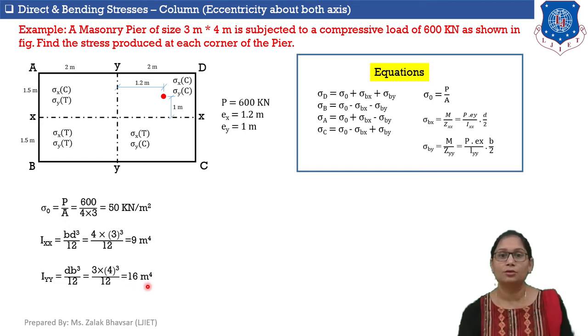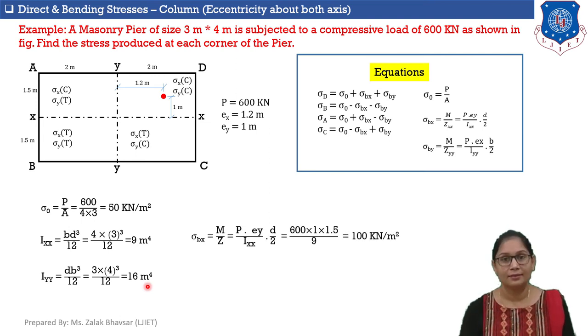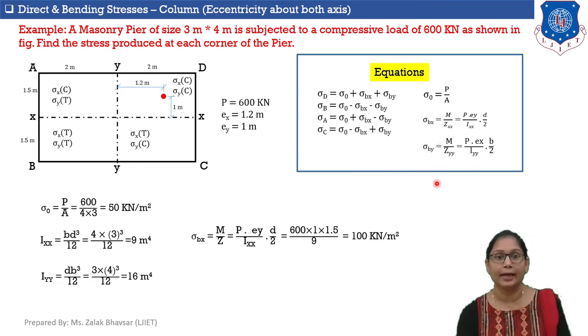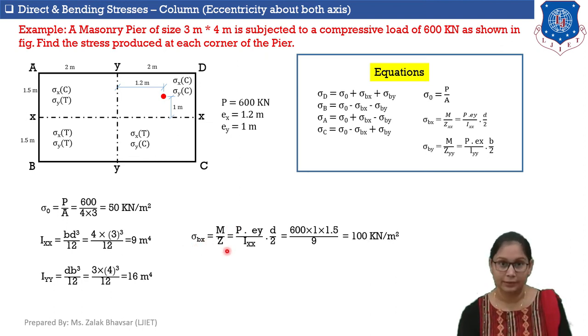Okay. So let's put all this value in equation of sigma Bx to calculate bending stresses in xx direction. So here is the equation. Sigma Bx is equal to M upon Z, which is equal to P into Ey upon Ixx into d by 2.